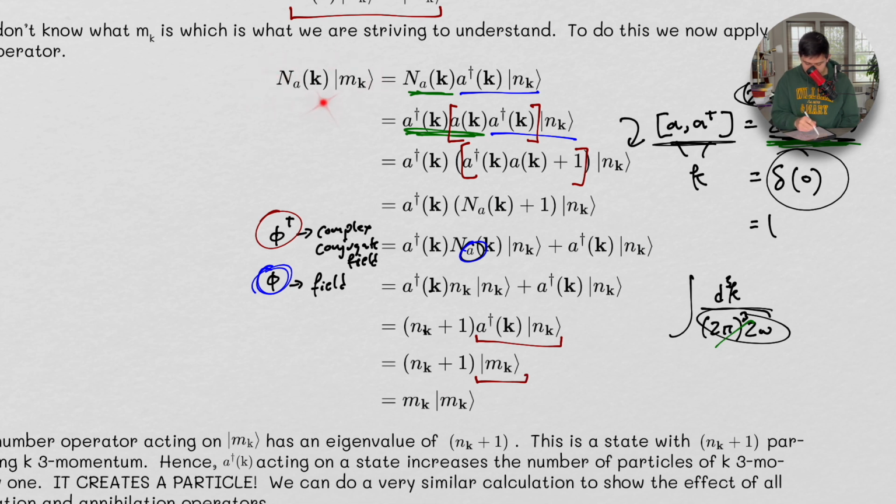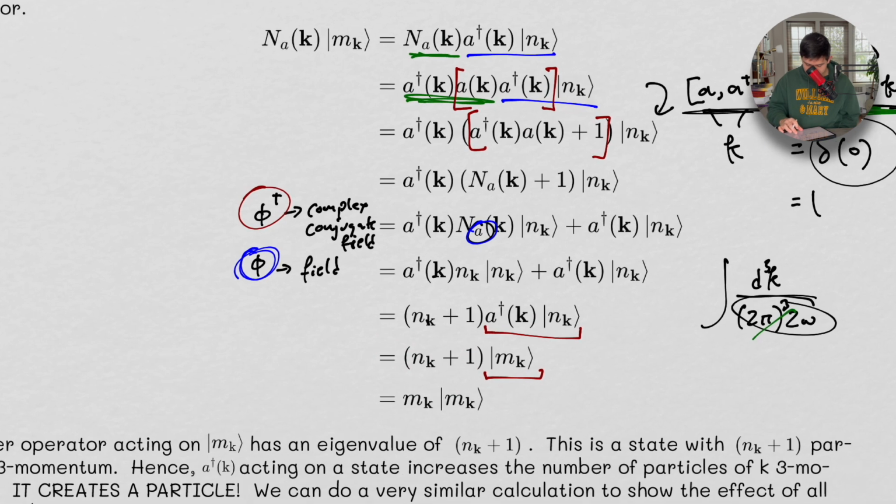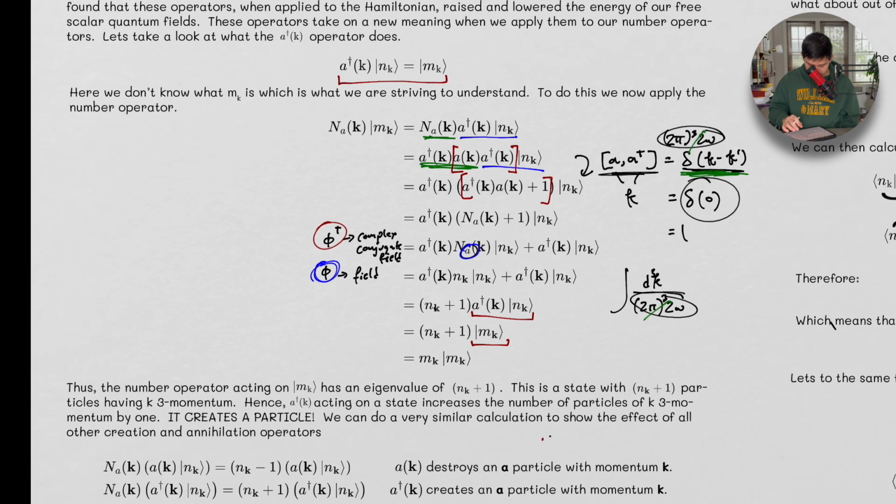So this thing, N_A,k operating on m_k, this is the thing we didn't know, is equal to this right here. Okay, and so we're saying that the eigenvalue for this thing, acting on some arbitrary state, well, its eigenvalue is this, n_k plus 1, right?